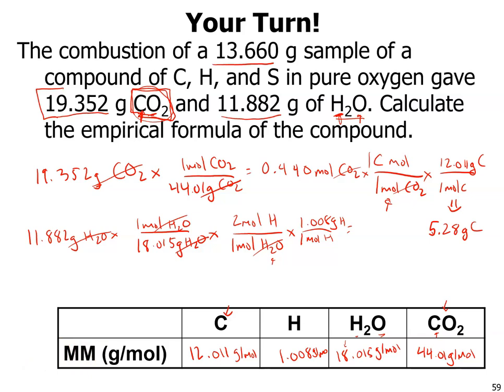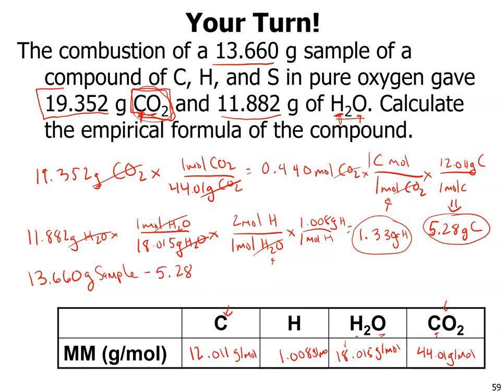When I do these calculations, I get 1.330 grams of hydrogen. So I have my grams of hydrogen, and I have my grams of carbon. If I take that original 13.660 grams of my sample, and I subtract out the 5.281 grams of carbon and the 1.330 grams of hydrogen.